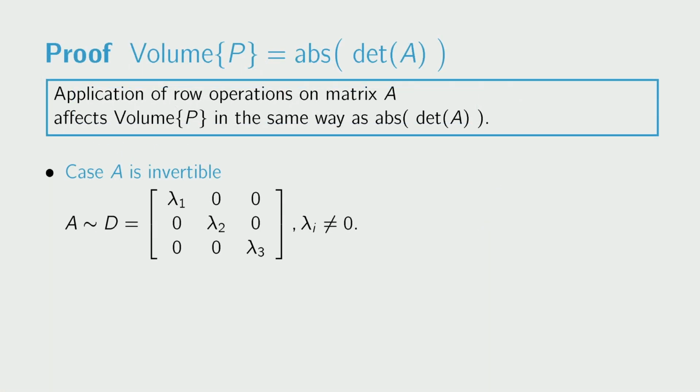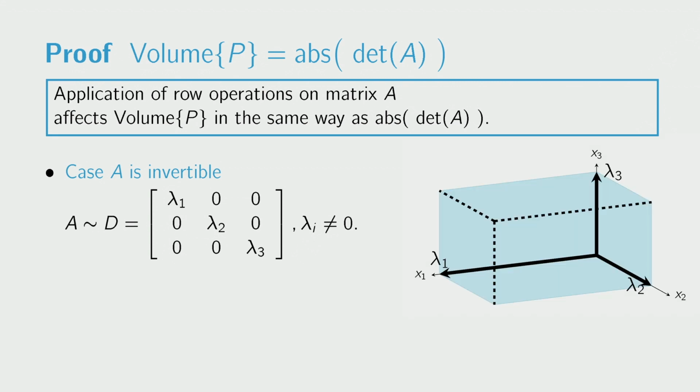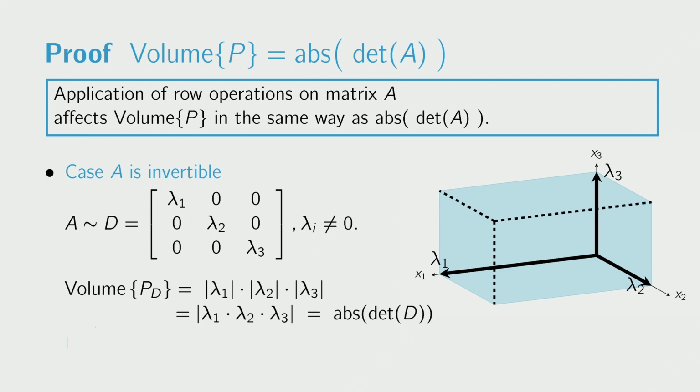Of course, you could row reduce D further to the identity matrix, but that is not necessary here. Look, for a diagonal matrix, the parallelepiped is a rectangular block. The volume is just a product of the length, width and height. This is the same as the absolute value of the determinant of D.